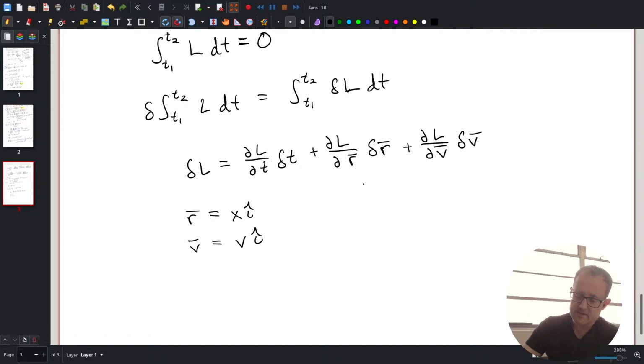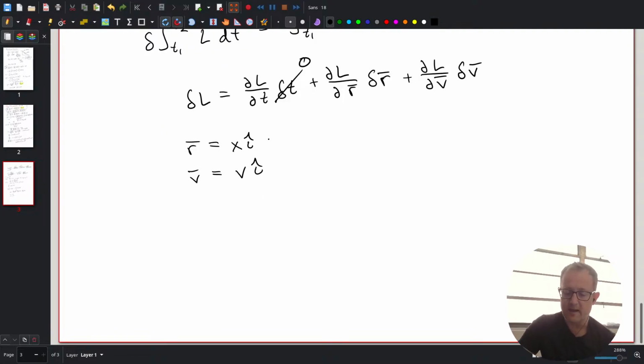Then it just turns into a scalar thing. Same way, delta t has to be 0 because I'm integrating from t1 to t2. If I'm also trying to change the function of time, then it's outside the scope. So that one has to be 0 for this method to work.